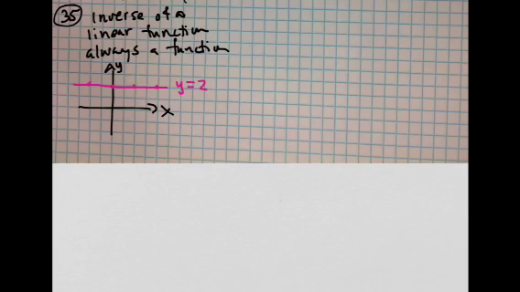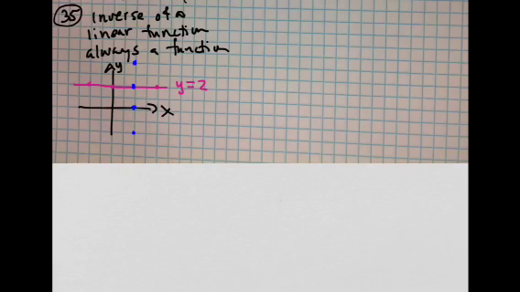I'll change a color. So 0, 2 on the line becomes 2, 0. 2, 2 on the line is 2, 2. 4, 2 on the line is 2, 4. Over here on the negative side, negative 2, 2 is 2, negative 2.